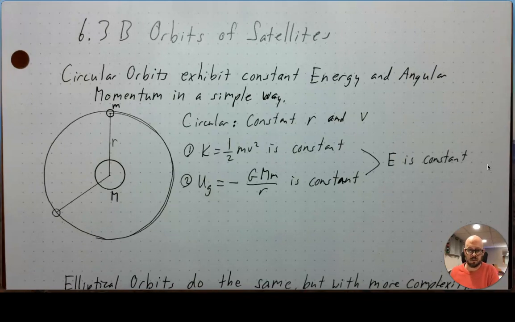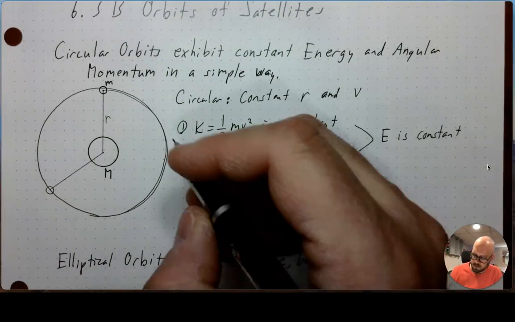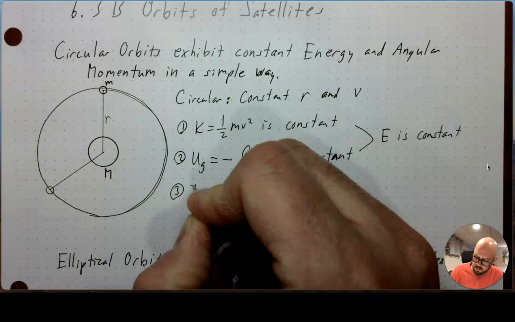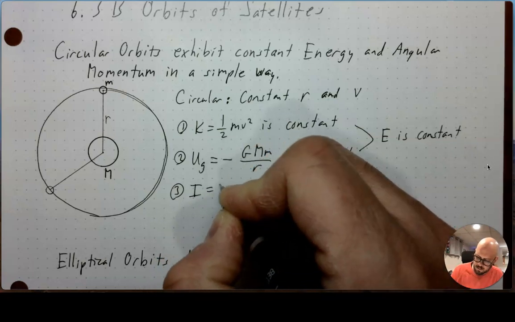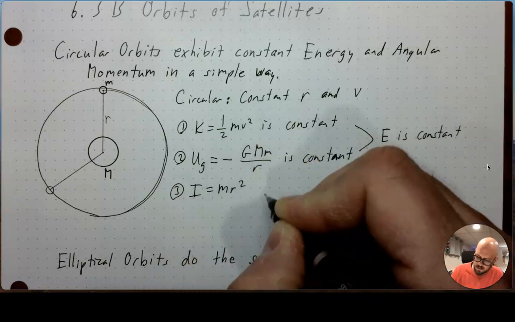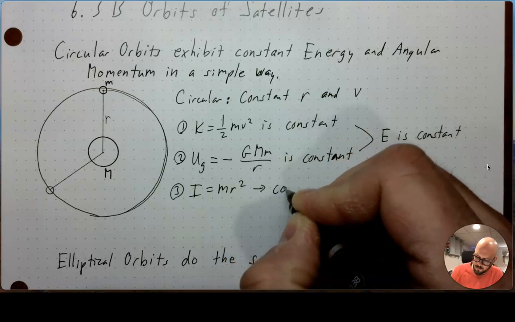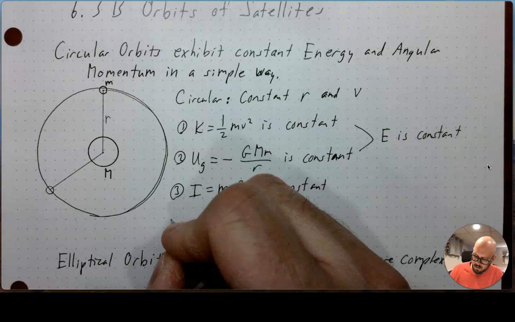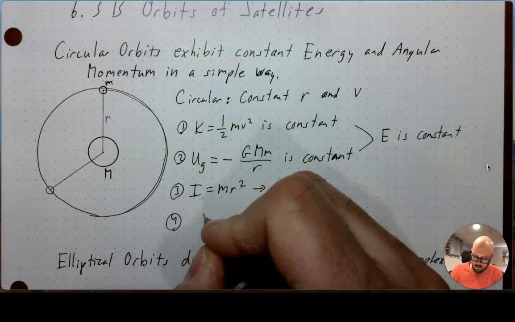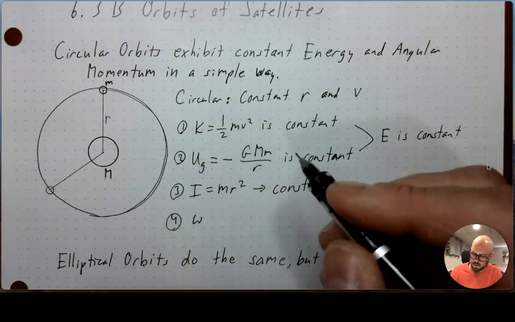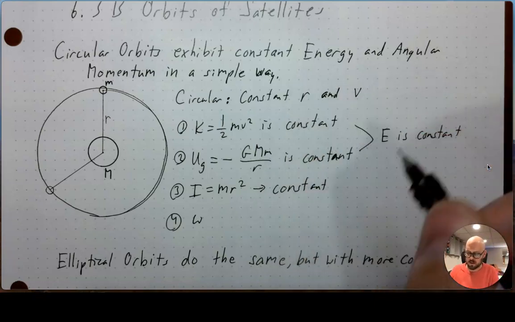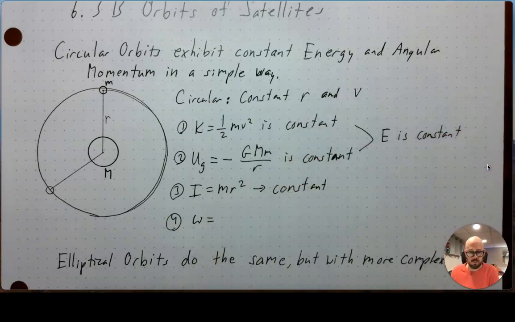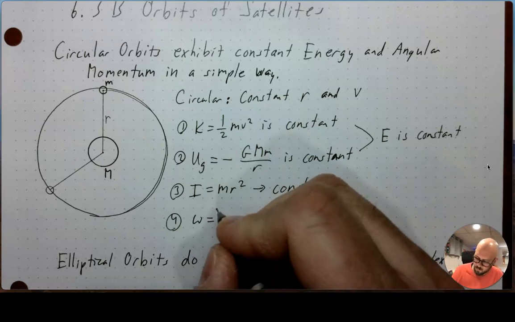Okay, next up is angular momentum. The rotational inertia of this satellite is equal to its mass times r squared. That is therefore constant. And angular velocity, we said that there's constant r and constant v. Both of those variables relate to angular velocity in one of our equations.